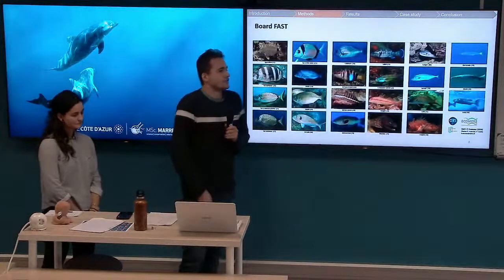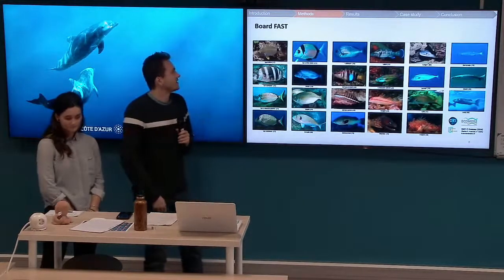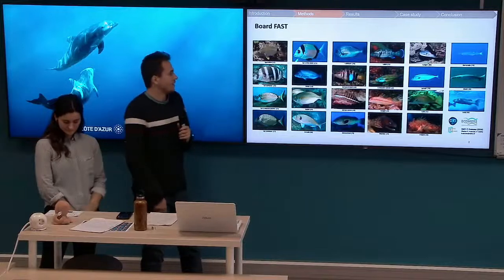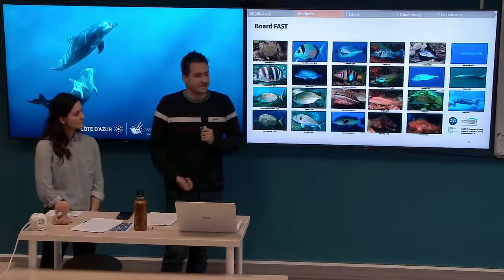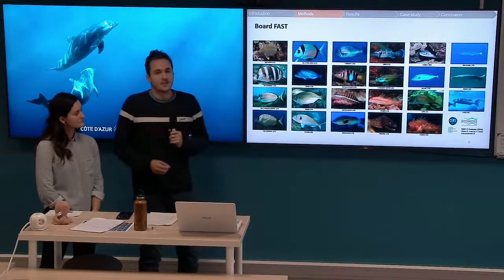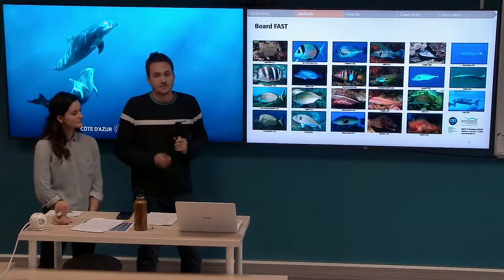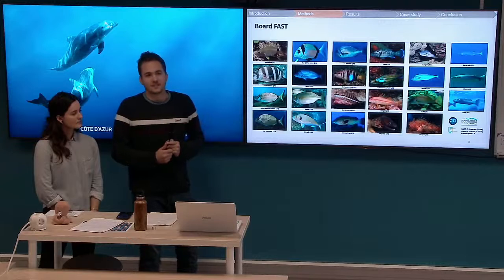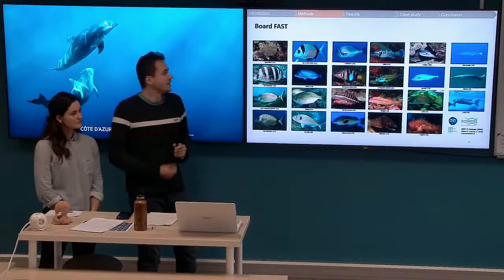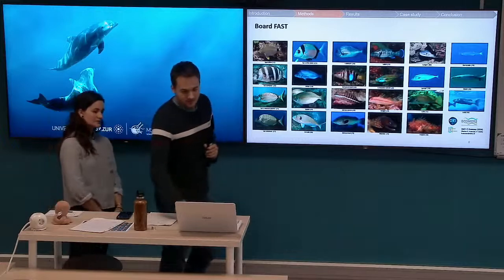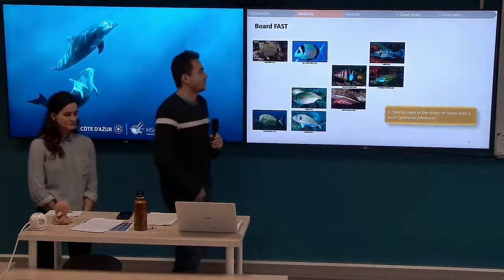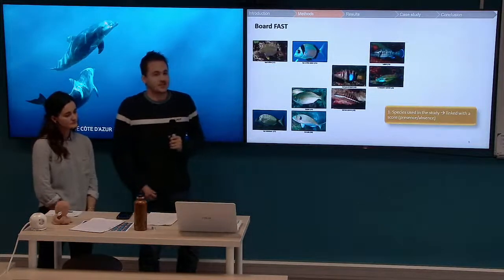Now we can go into more detail in our methodology. The first step to get good data was to assess which fish were present in both our data set that we collected on Rance Island and also in the FAST board. We are left with only 9 species of fishes.